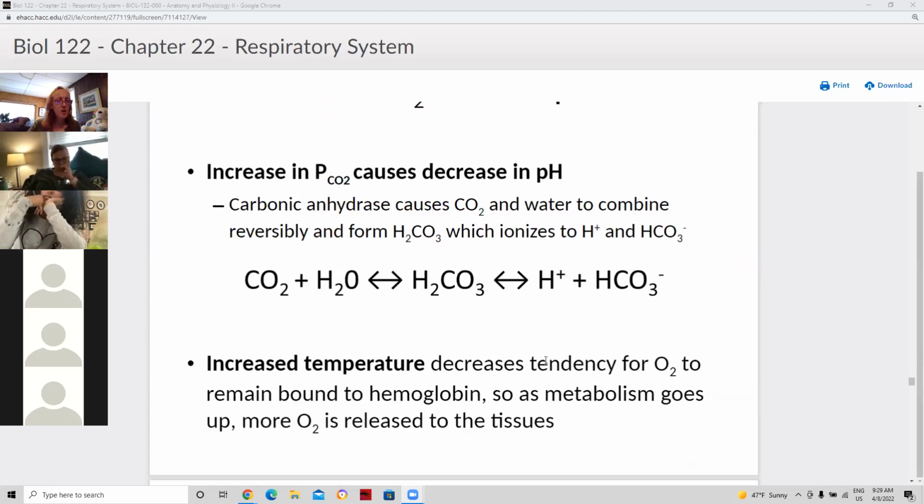Increased temperature also decreases the affinity of hemoglobin for oxygen. So as the metabolism goes up in the muscle, more oxygen will be released. As the muscle gets worked out more, the hemoglobin in that area is more likely to give up the oxygen.